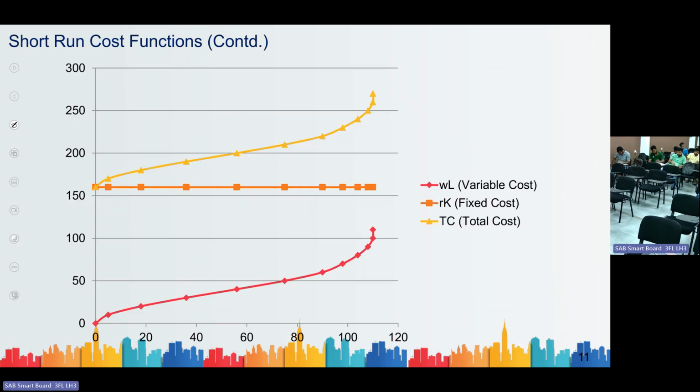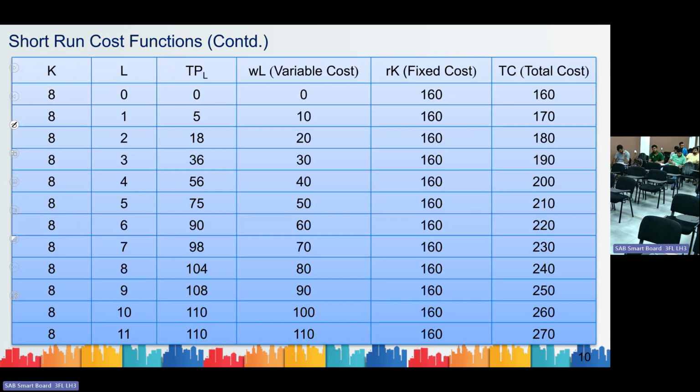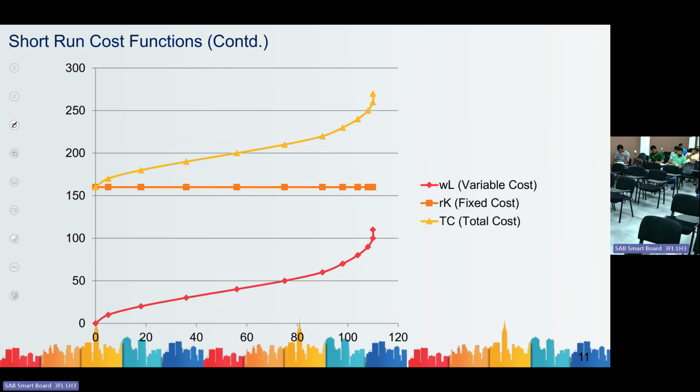And if you draw them in a graph, so I did these calculations in Excel, and with the support of Excel, I drew these graphs. So they have the typical behavior as we observed in our discussion before.